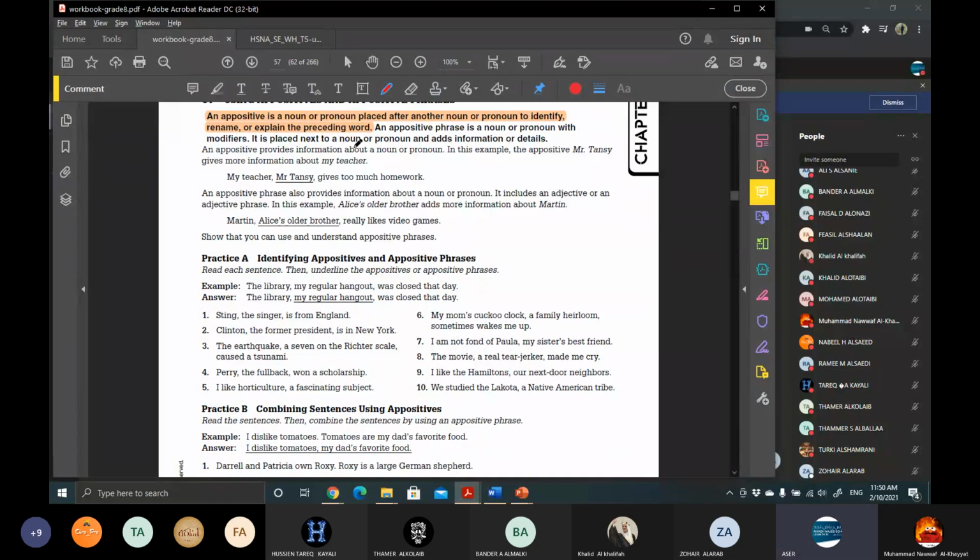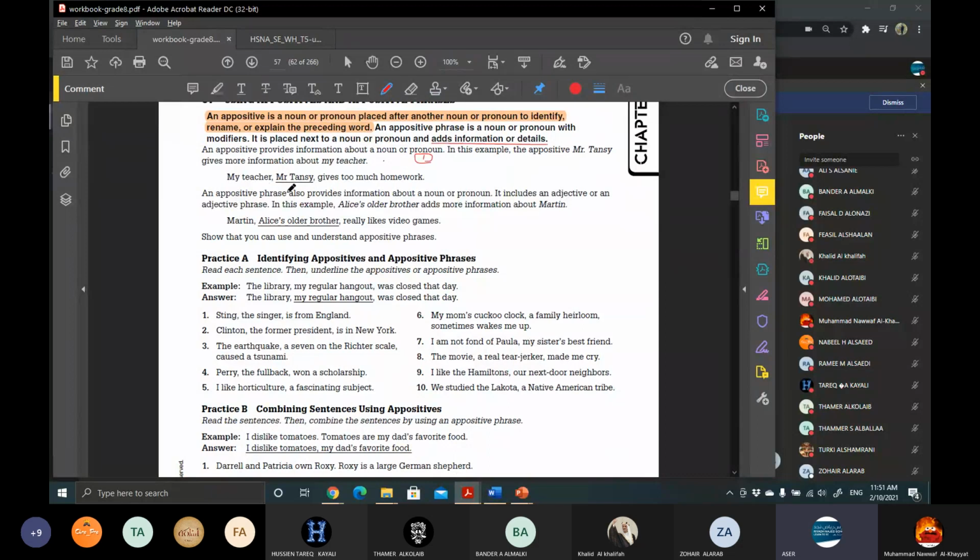It's placed next to the noun or the pronoun in order to add information or to add details about it. An appositive provides information about the noun or the pronoun that precedes it, the first one. In this example, the appositive Mr. Tansey gives more information about my teacher.